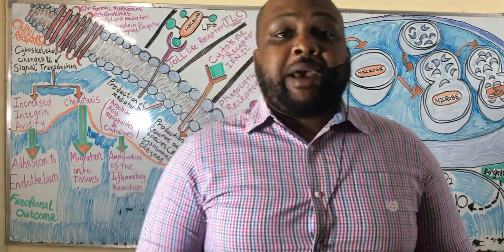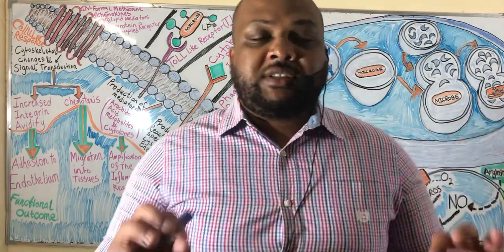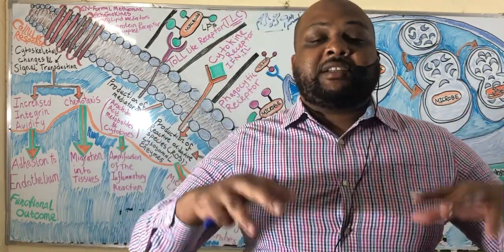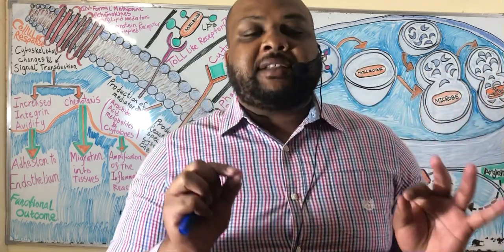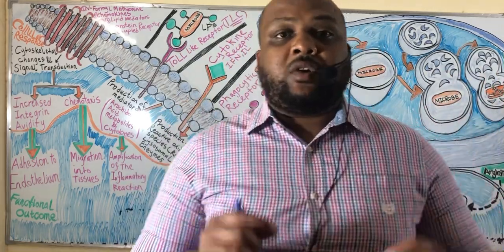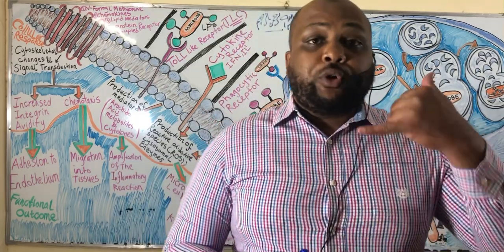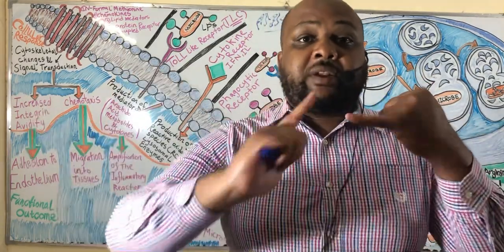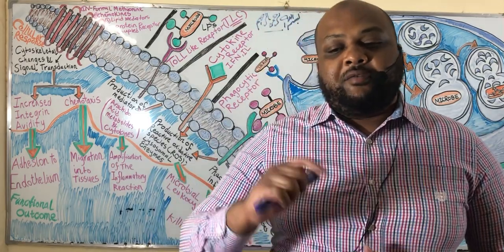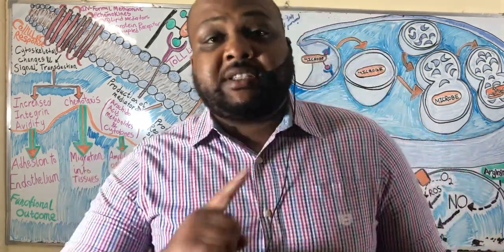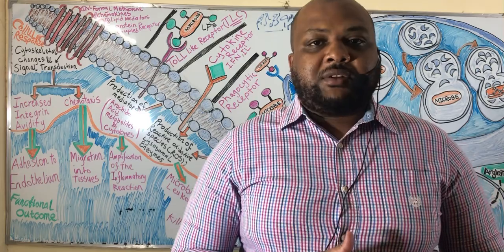Once these sentinel resident cells, which we talked about, the mast cells, dendritic cells, and macrophages, detect these foreign invaders or necrotic cellular debris, they call and contact the circulating white blood cells in our blood vessels.